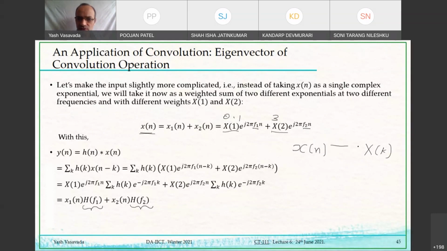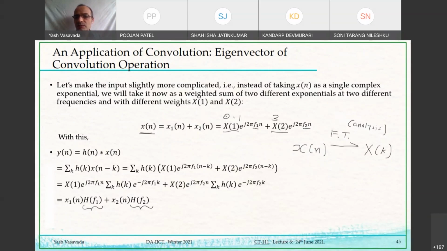If I go this way, then I'm doing FT, which is same as I'm analyzing the time domain sequence x of n and trying to determine what are the weights of different frequencies that it is made up of.